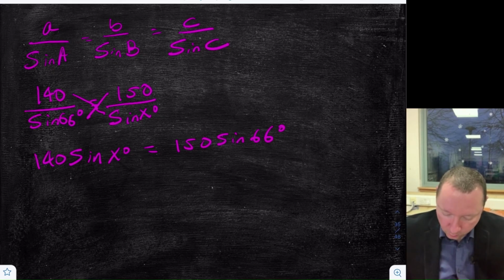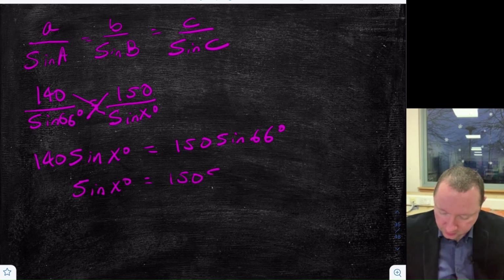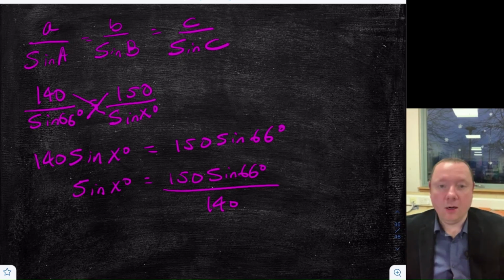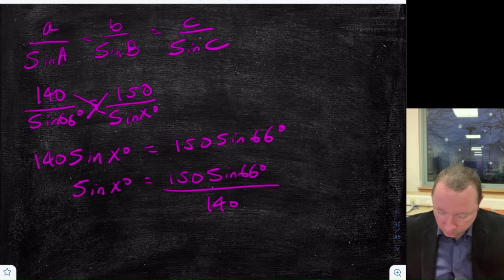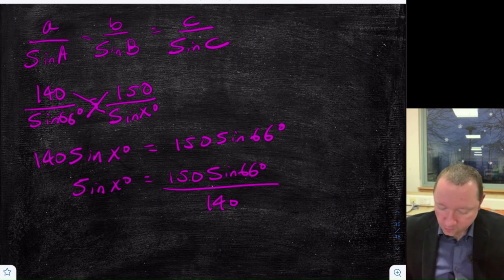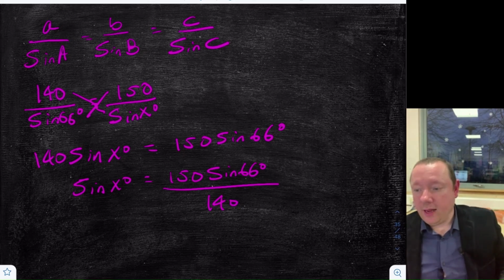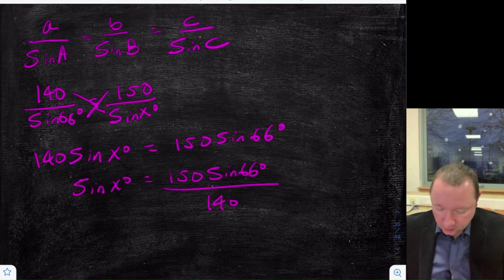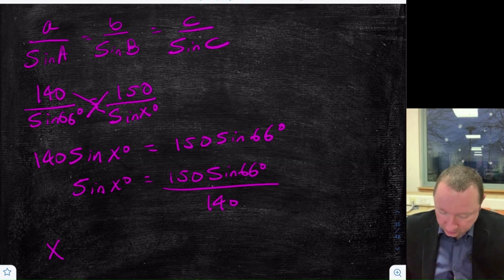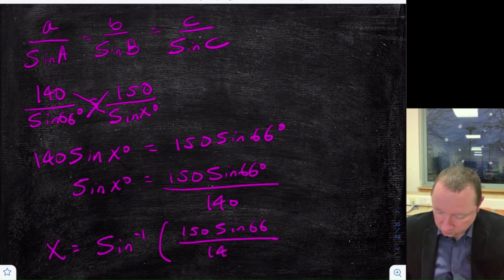So now dividing by 140, sine X is 150 times sine 66 over 140, and you would get a mark for that. And then your final mark for finding X. So you need to do the inverse sine, because they've got sine X, so X equals the inverse sine of 150 times sine 66 divided by 140.